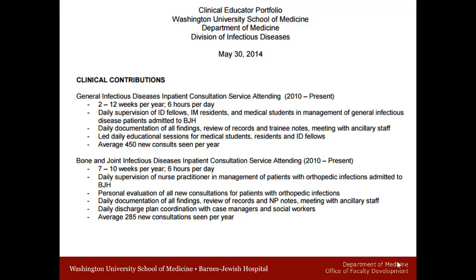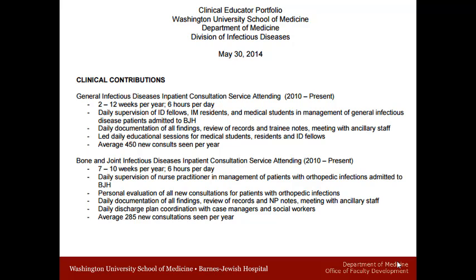Daily supervision of infectious disease fellows, residents, students in the management of general infectious disease patients admitted to Barnes-Jewish Hospital. Daily documentation of all findings. Led a daily educational session for the students, residents. Average of 450 new consults seen per year. So that gives more specific details of what it means to be an inpatient consult attending.